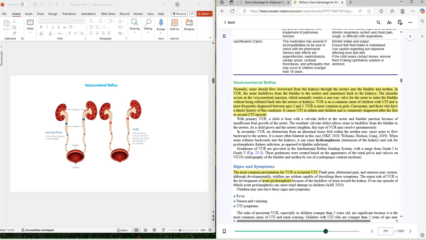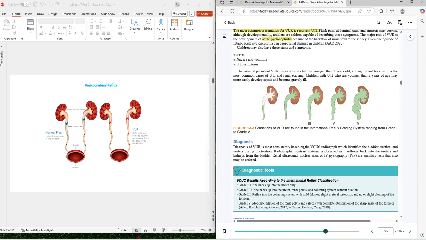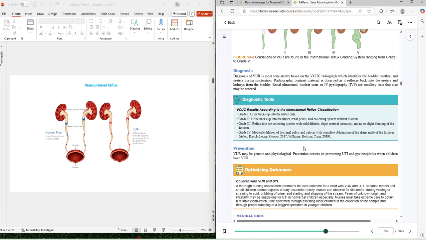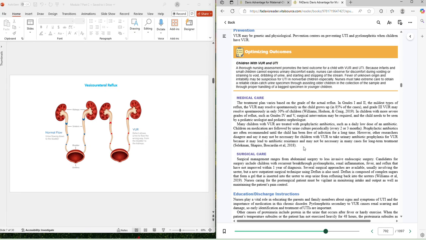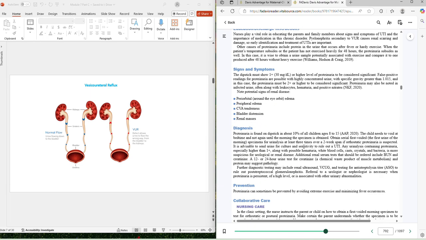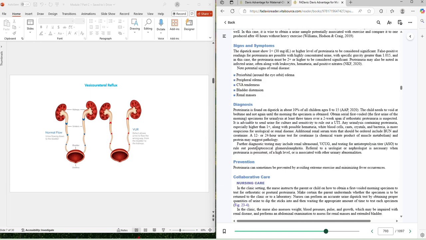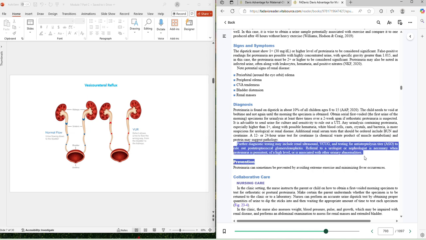Go on down and talk about page 793. It's at the top on the right in your book, under diagnosis, right before prevention. Right here, a wink and lollipop.